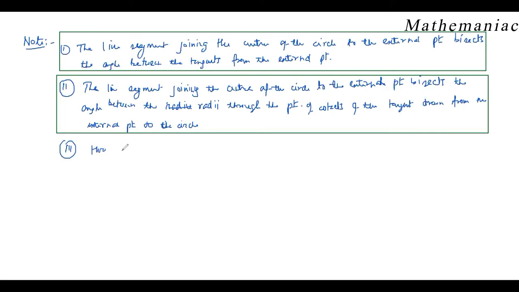Here, that means I'm talking about the figure. Angle PAO plus angle PBO, you look at the figure. Therefore, angle APB plus angle AOB will be equal to 180.